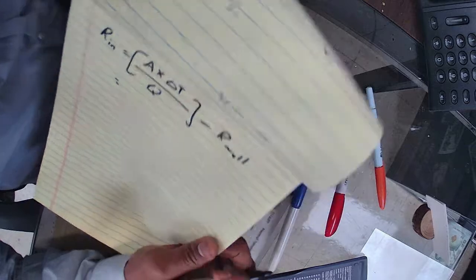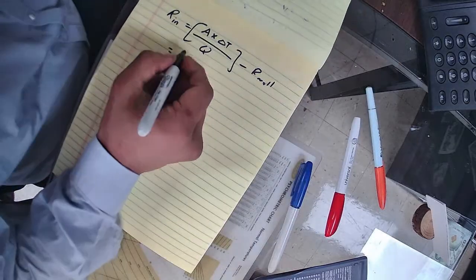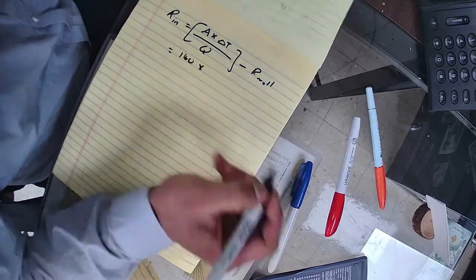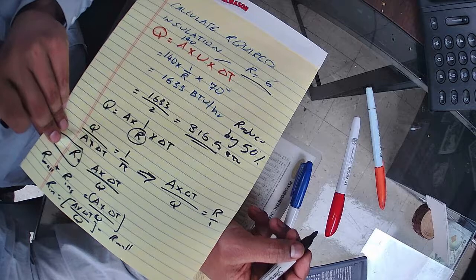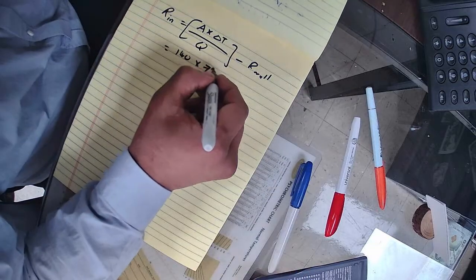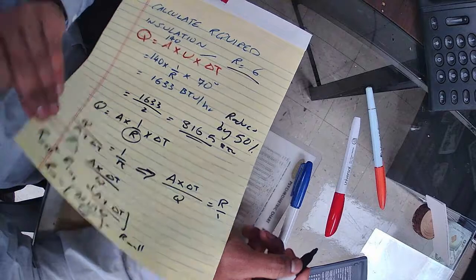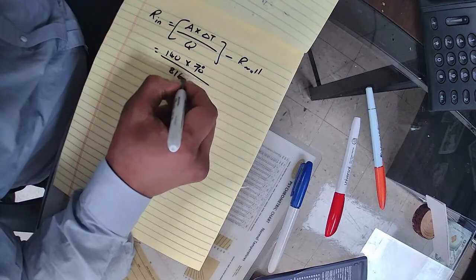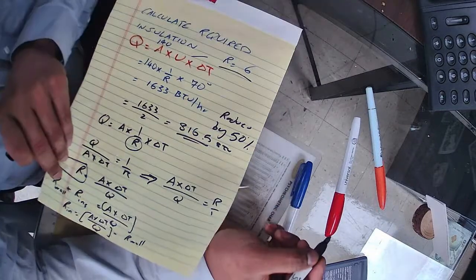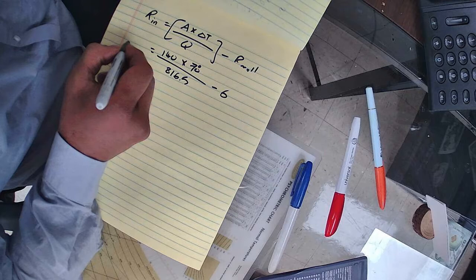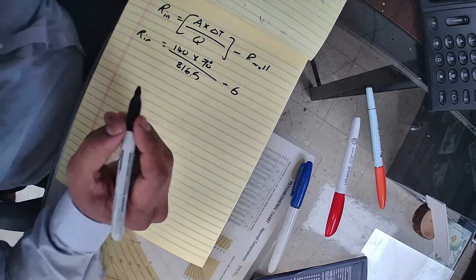Area was, I forgot already, 140 times 70 degrees over the new one, which is 816.5, minus the R wall, which was 6.